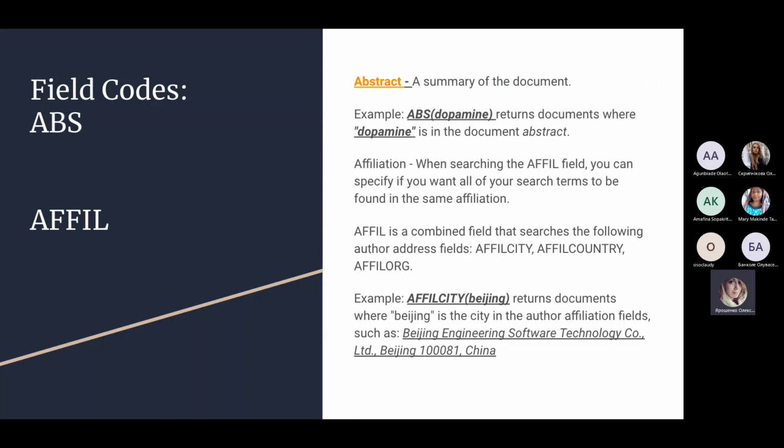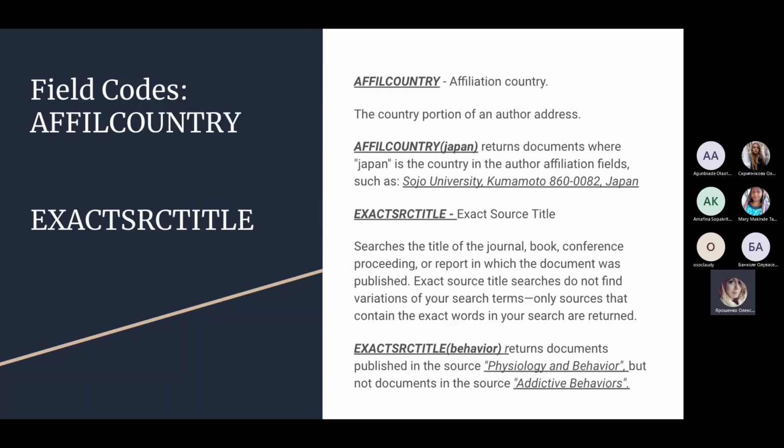Affiliation organization is just the name of the organization. For example, affiliation city Beijing returns documents where Beijing is in the city or in author affiliation fields such as Beijing Engineering Software Technology Company. Affiliation country is the same, but we look for a specific country.